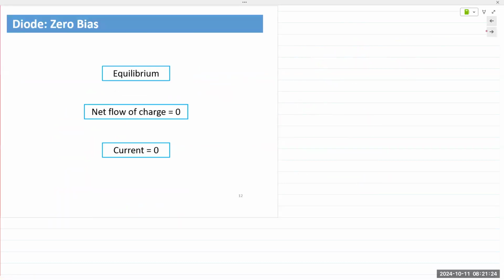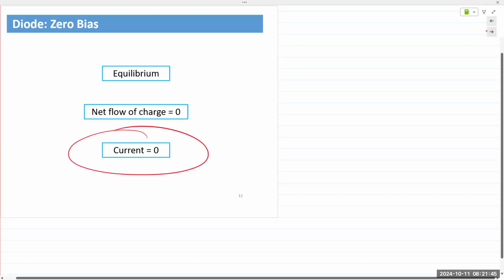So a diode under zero bias reaches an equilibrium position, thermal equilibrium. There is no external energy being applied. Net flow of charge is equal to 0 because of the competing mechanisms of the drift and the diffusion current, so it reaches an equilibrium position. Net charge is 0, hence current is 0, and it results in the junction potential phi j.